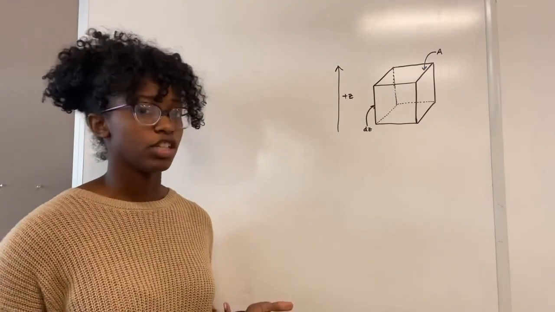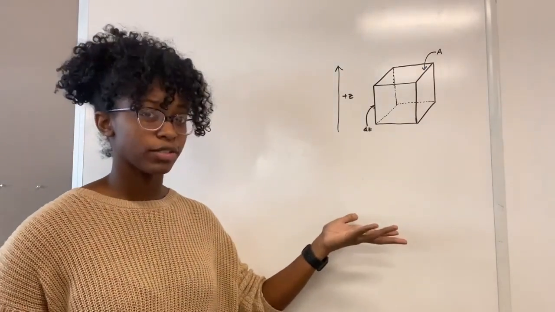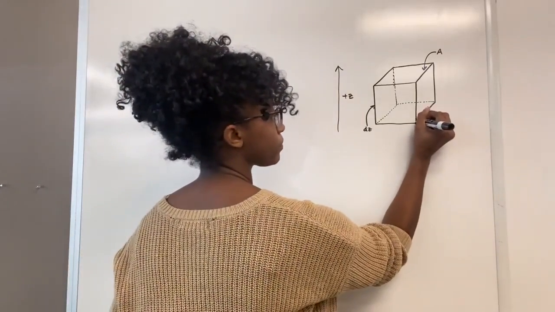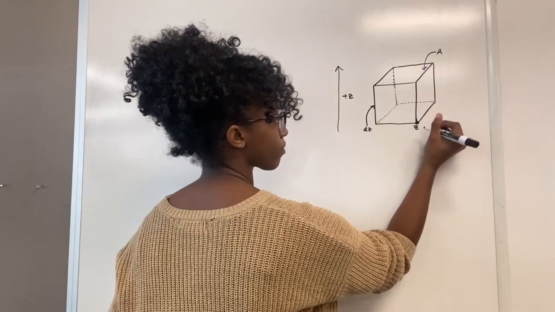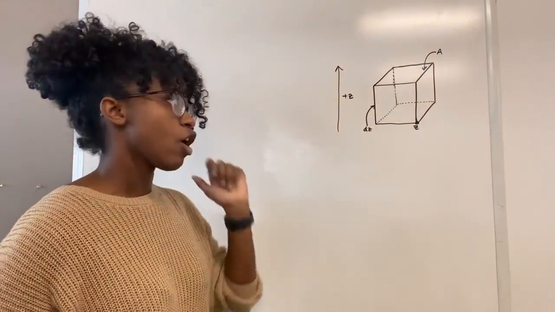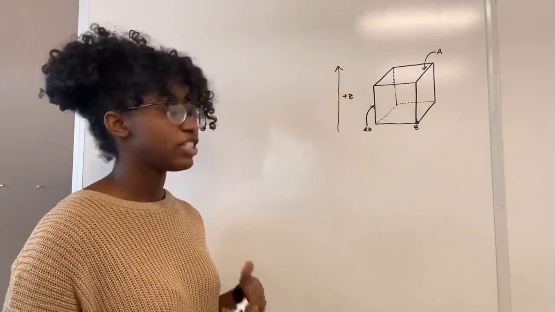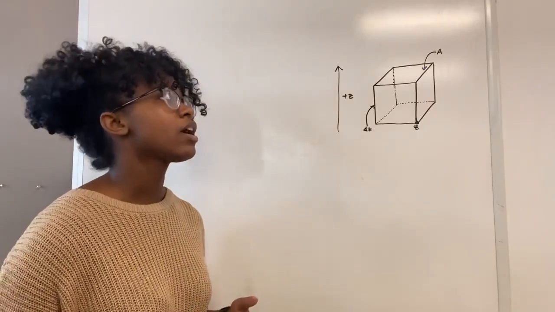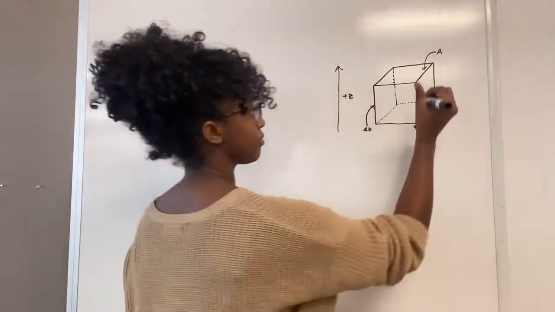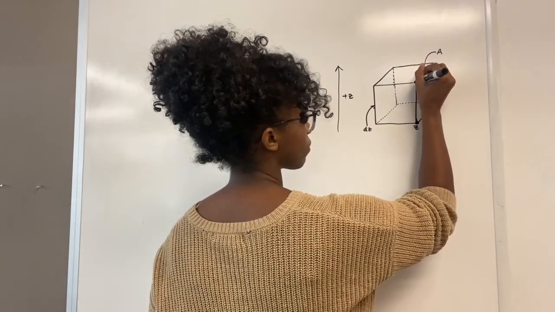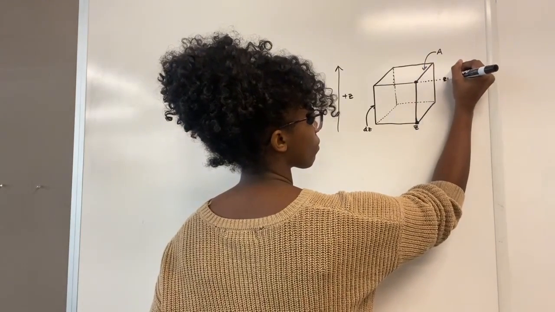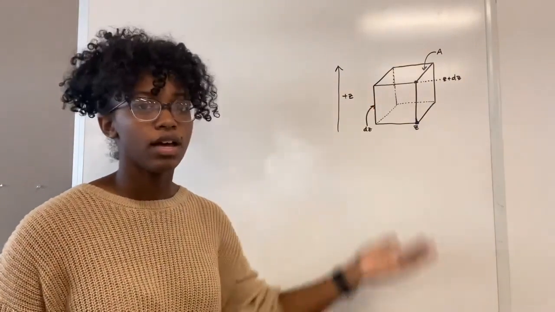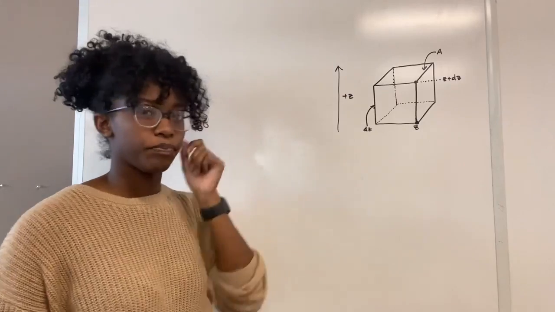So if we were to say that the upward direction was positive z, and that there was some position on our cubical representation of our fluid called position z at the bottom of our fluid, then there should be some position that lies on the plane above position z that still lies on our fluid called position z plus dz, since we started at z and just went up a height of dz.